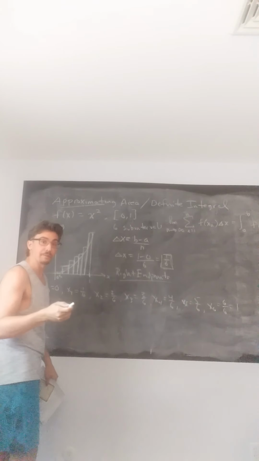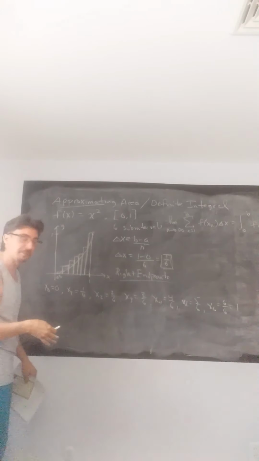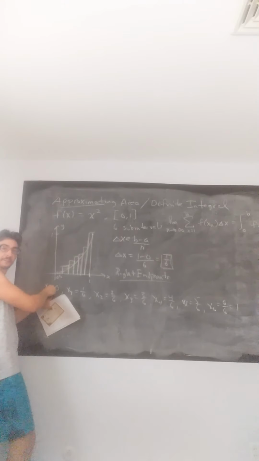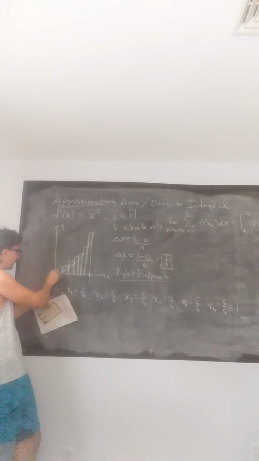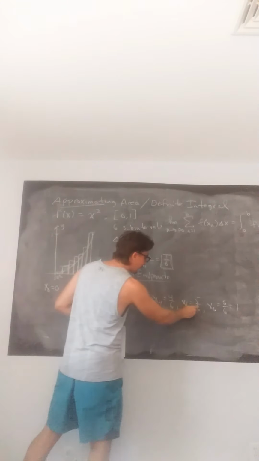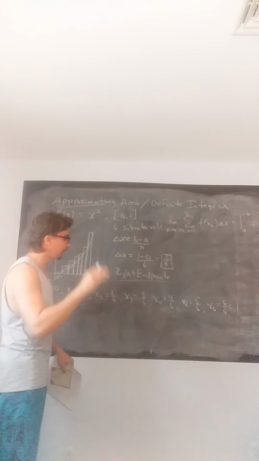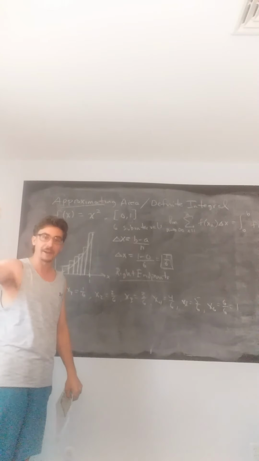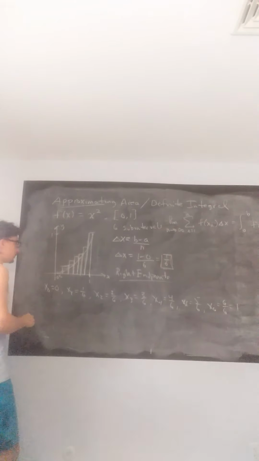If we were looking for left-hand endpoints and using that estimation, we would start at x sub 0 being 0, because we want the very left, but we would stop at 5/6, because if we went to 6/6, that would be the right-hand endpoint. So what does this look like?